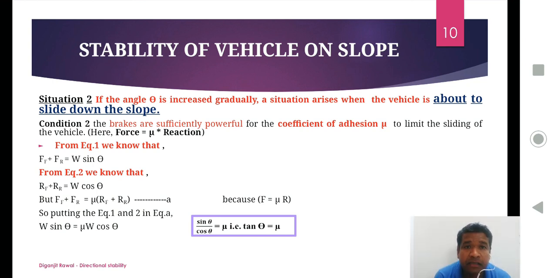So equating the theta terms to one side, sine theta upon cos theta is equal to mu, because W on both sides will get cancelled, and we can say that tan theta is equal to mu, or we can calculate theta as tan inverse of mu. So this is the situation 2, condition 2. The brakes are sufficiently powerful. At that time, we have to consider coefficient of adhesion mu, and we can calculate it as tan theta is equal to mu.